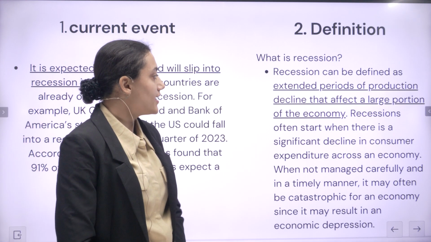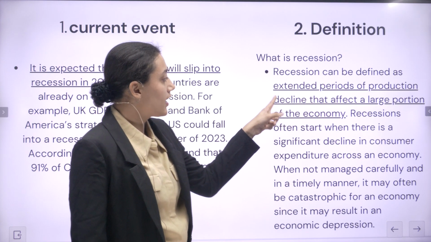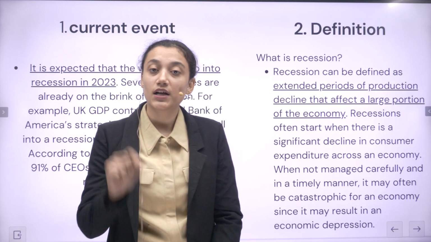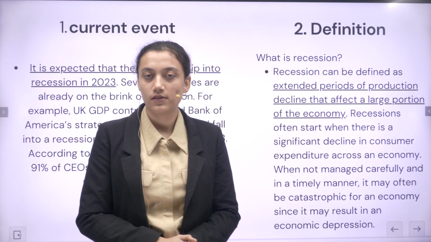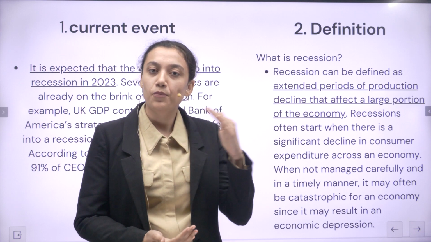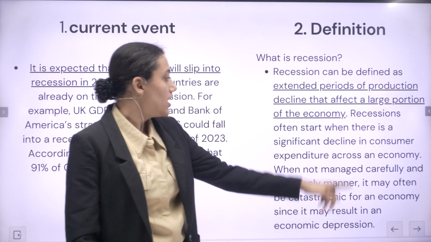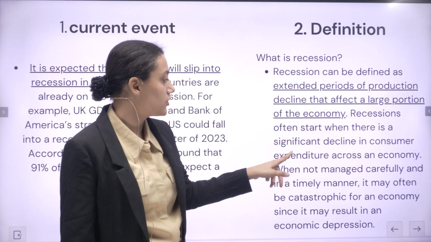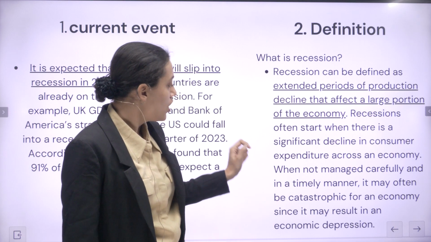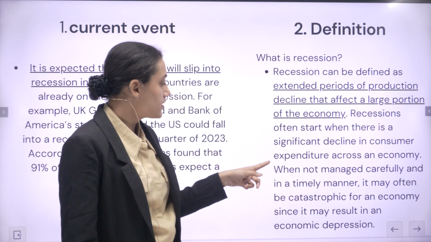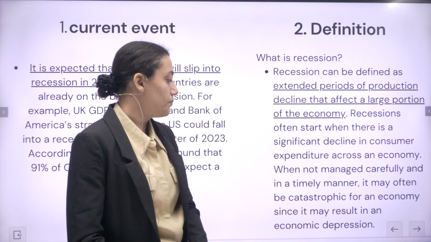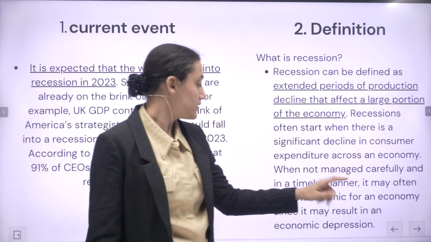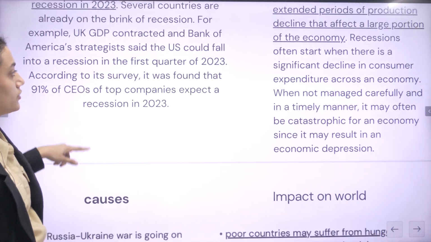Now, what is its actual definition? Recession can be defined as extended periods of production decline that affect a large portion of the economy. Now, my friends, if consumer expenditure reduces, of course the production will also reduce. Recessions often start when there is a significant decline in consumer expenditure across an economy. When not managed carefully and in a timely manner, it may often be catastrophic for an economy since it may result in an economic depression.